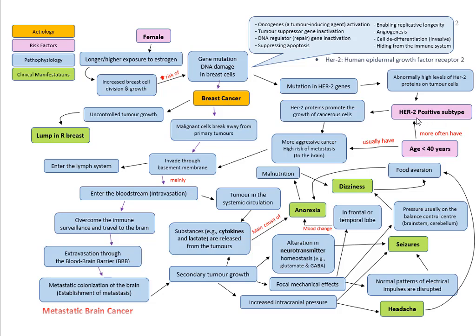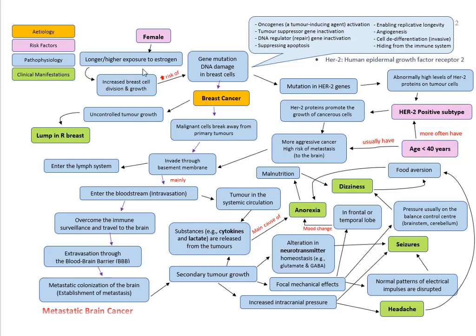The HER2 subtype has a high risk of, once the breast cancer develops, spreading into the brain. So these two needed to be linked somewhere in the process of spreading from the breast to the brain, most notably its invasive qualities, its likelihood of metastasizing, particularly crossing the blood-brain barrier. That's probably where they're most accurately linked.